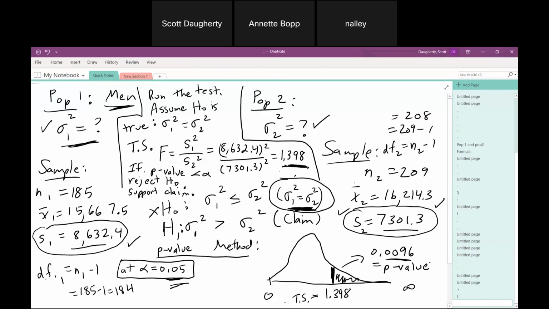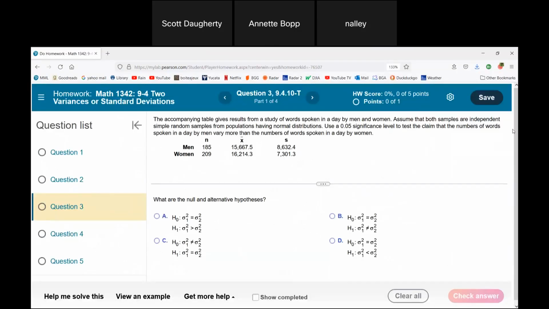Okay, let's just double check this. Oh, I didn't show the completed problem, so I guess we can't check it. Well, let's put in the answers. All right, so let's just go through this. So this is the correct setup.